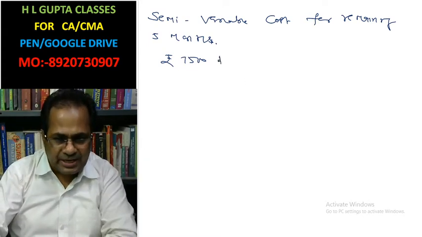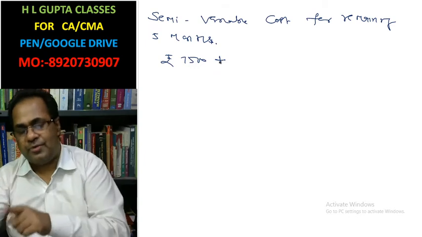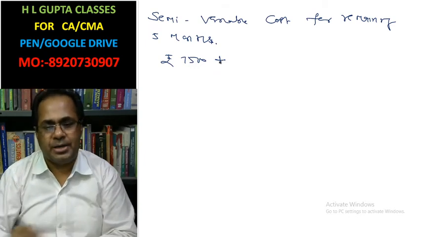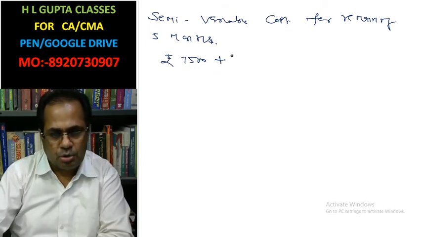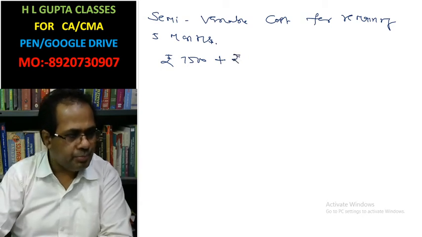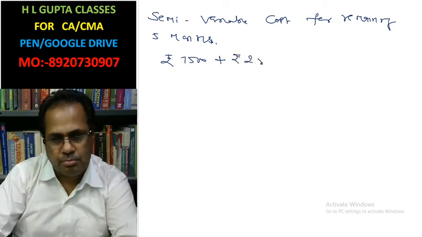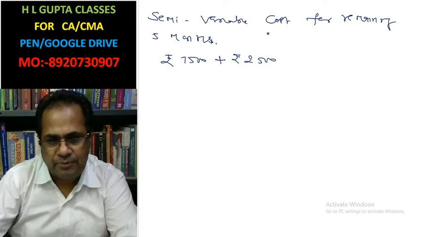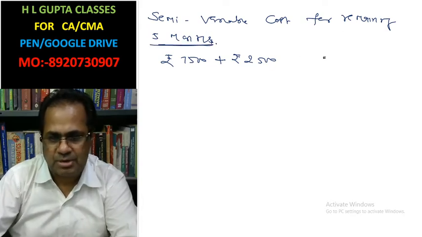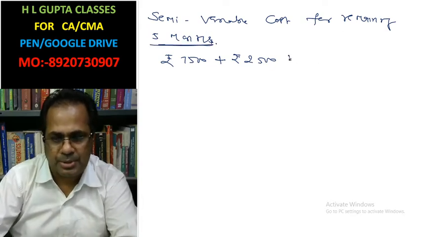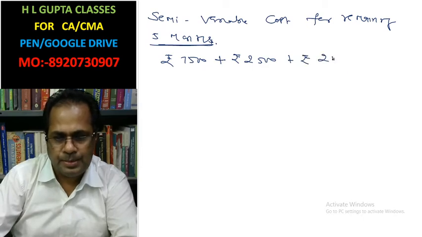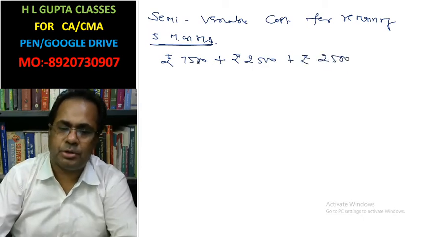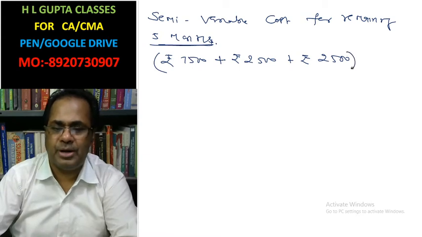If we increase capacity by 25% or part thereof, our semi-variable cost increases by 2,500. In the remaining 5 months, 100% capacity is utilized, so it is 2,500 for 75% and 2,500 again for the remaining 25%.